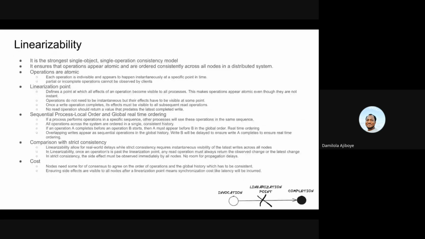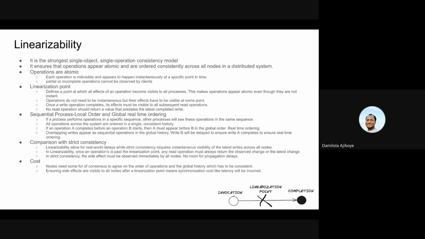Yeah, so we look at linearizability. It's the strongest single-object, single-operation consistency model. Single object in the sense that for most of these consistency models, we're looking at it from the perspective of multiple processes carrying out read and write operations on a single object.